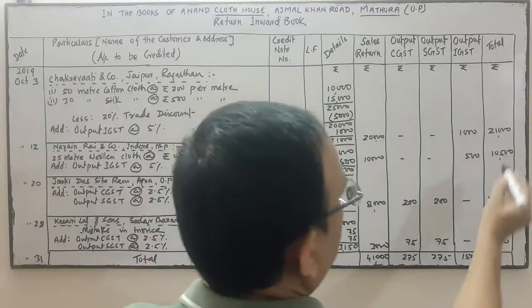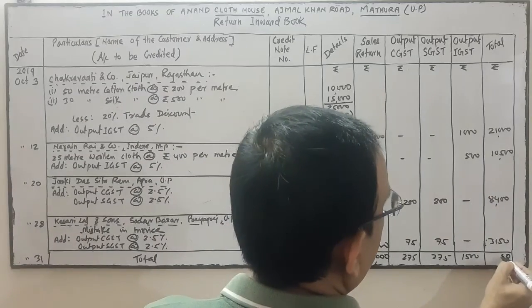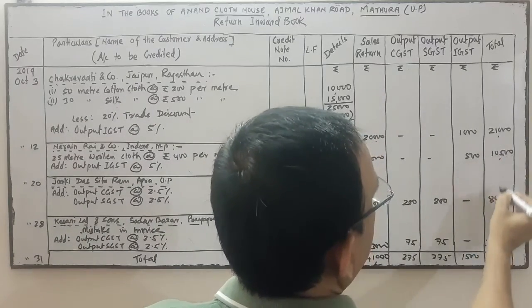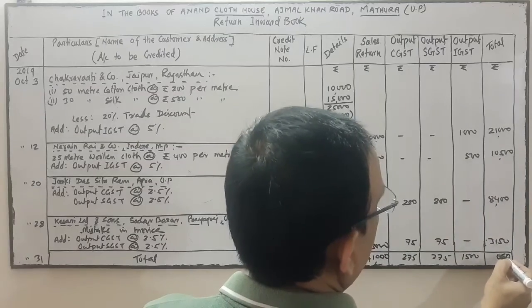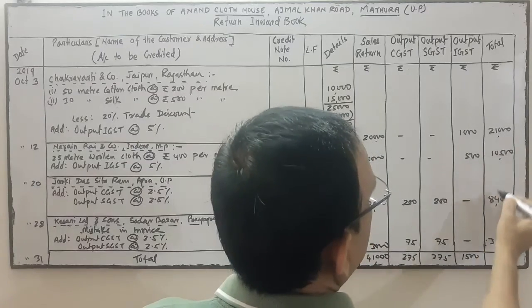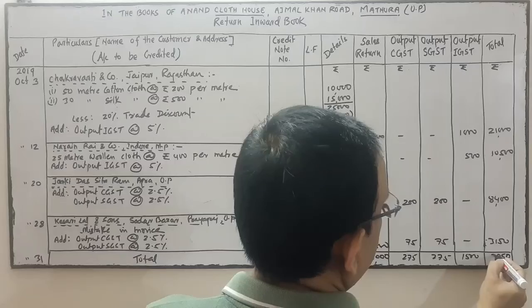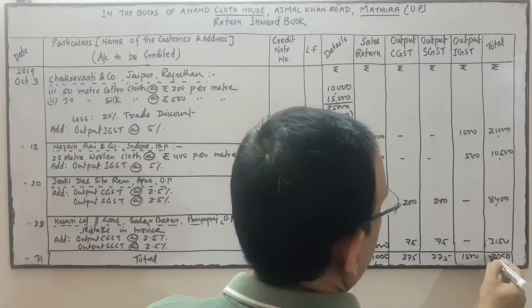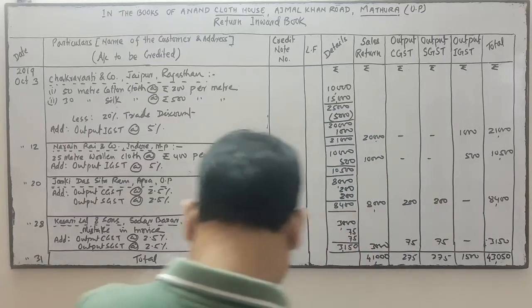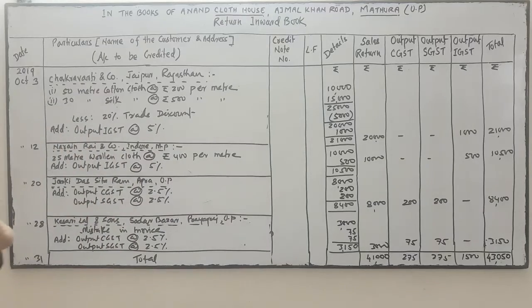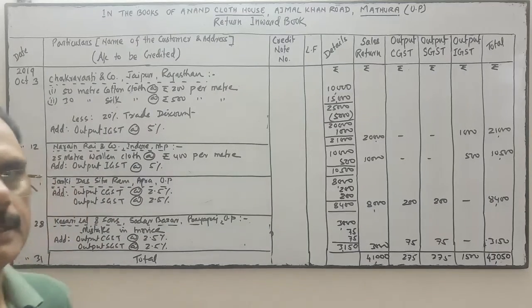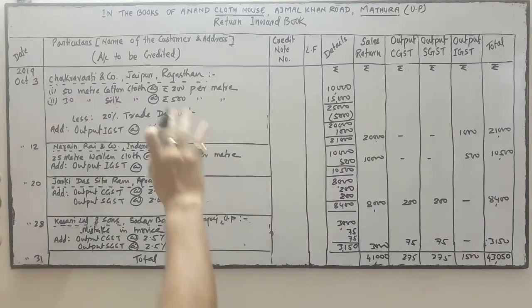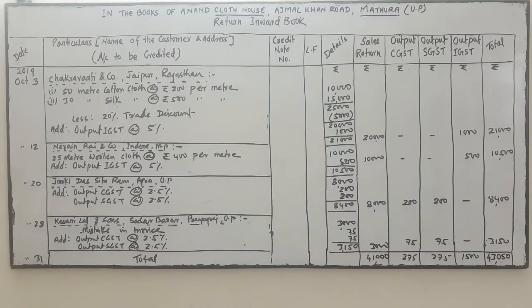And the grand total is 43,050 rupees. So this is the total. So is it clear?